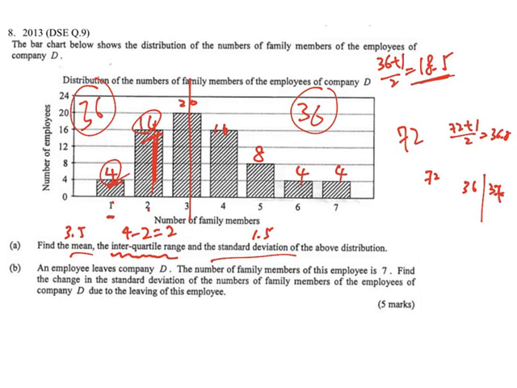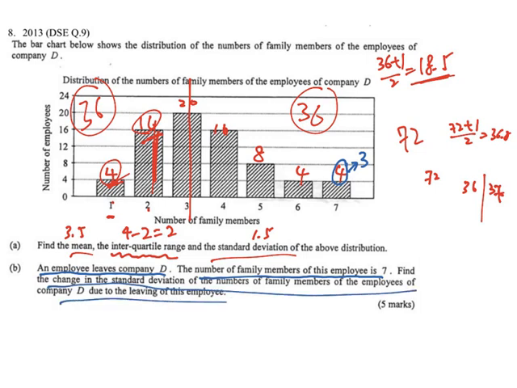Let's see question B. For question B, one employee leaves company D, and the number of family members of this employee is 7. So that means one left. So this one changed to 3. And then find the change of SD, the new standard deviation. So we need to input the data again.